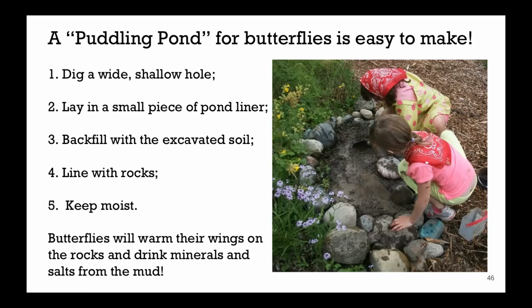Butterflies like to warm up their wings on the rocks, and then just water it and let it stay moist. Let it be just like a little summer mud puddle, and I will guarantee you that butterflies will come to it. They really, really like drinking the salts and the minerals out of the mud while they also get the water.